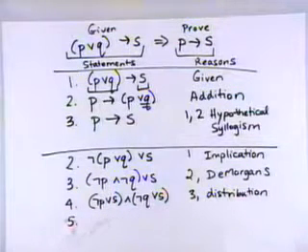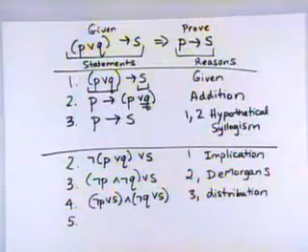Now on line 5, I knew that I wanted to get rid of the Q. Any Q's that appeared in there, I would like to get rid of them. So if I know that line 4 is true, I have two things ANDed together. And remember that a proof is a list of things that are true, that are all ANDed together. So I could just write one of them on the next line. Right? If I know P and Q is true, I know that P is true, and Q is true.